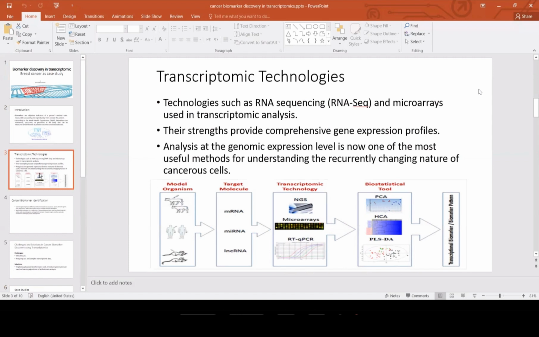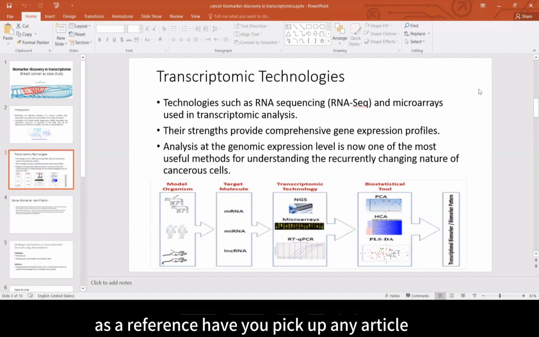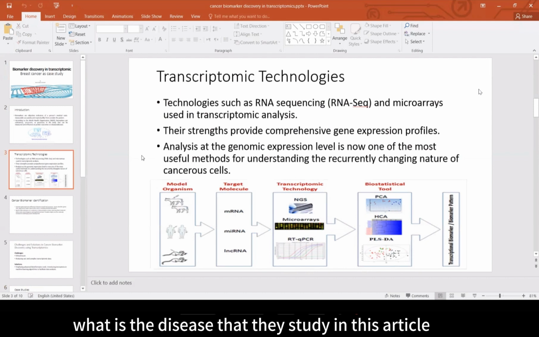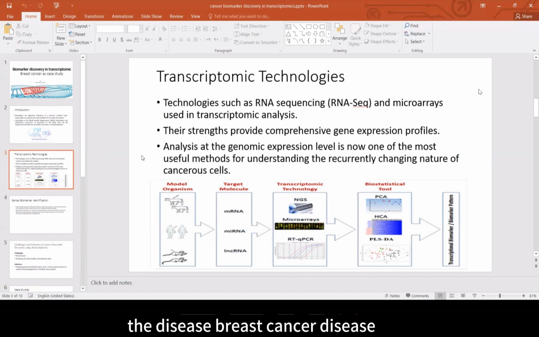Which article did you use as a reference? Have you picked any article? What is the disease that they study in this article? The disease is breast cancer. The data analysis is by RNA sequence. How many samples did they use?